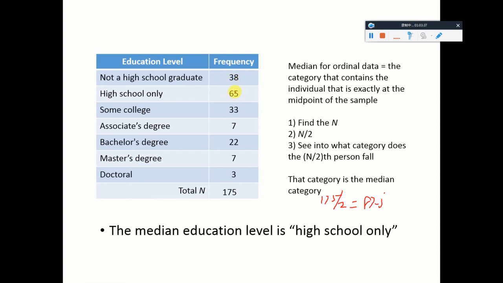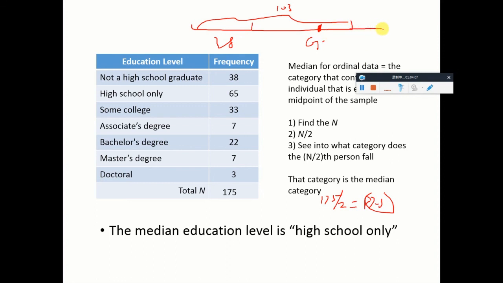But then the next 65 people should contain this person. The first 38, next we have 65 of them, and this will give us a total of 103. So the 87.5th individual will be about here, and this is the midpoint of the entire sample. So that's why the corresponding education level will be our median education level.